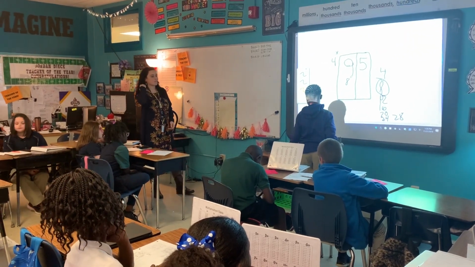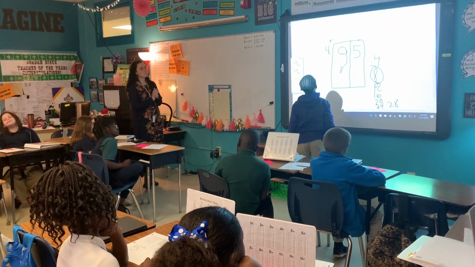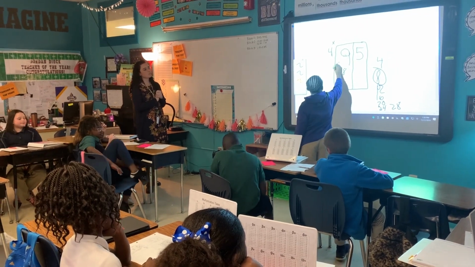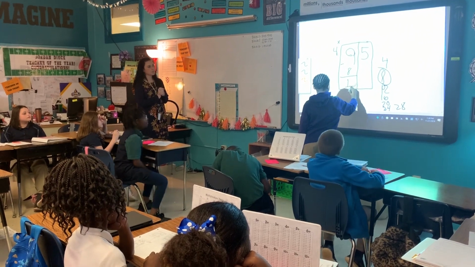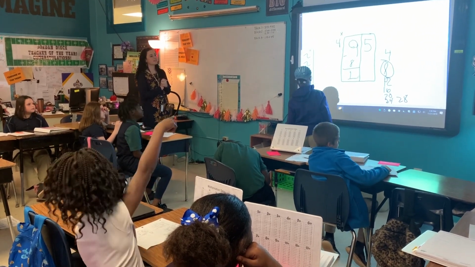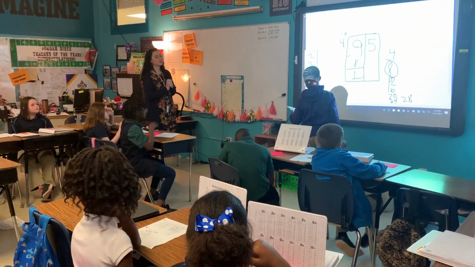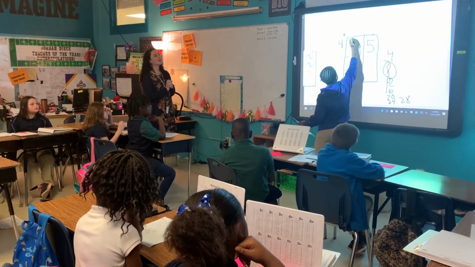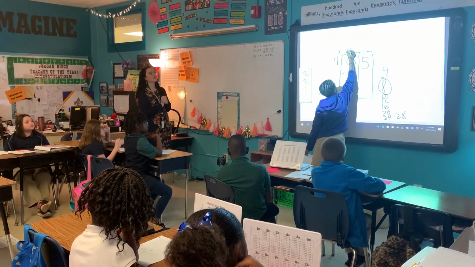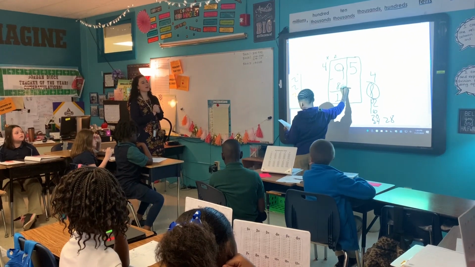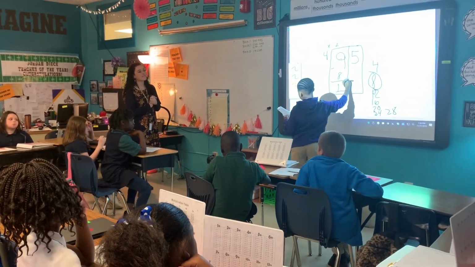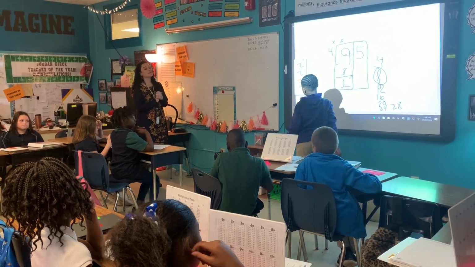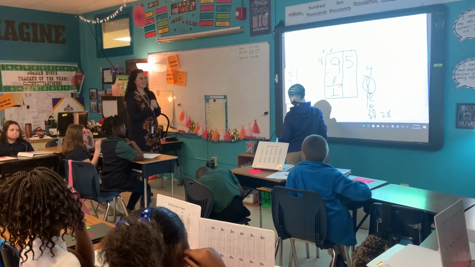Then we go 9 minus 8, and that equals 1. And 2 on the top. Why does the 2 go on the top? Because 2 times 4 is 8. Very good.